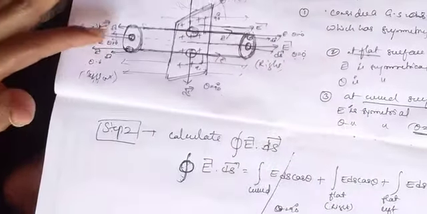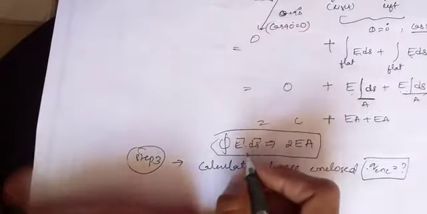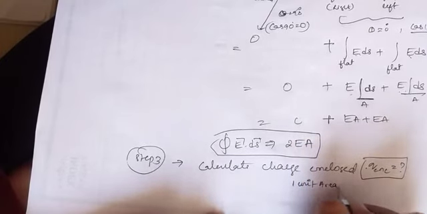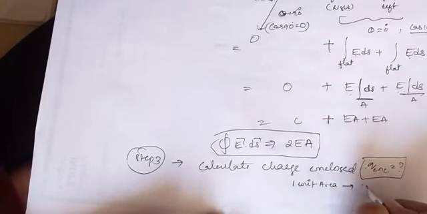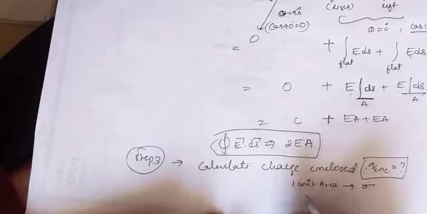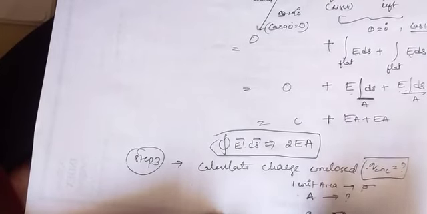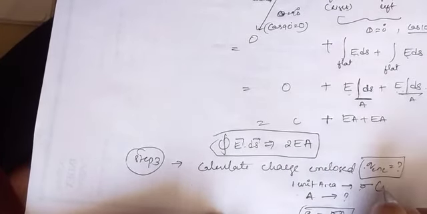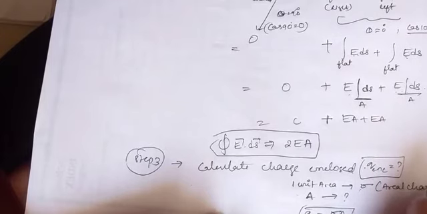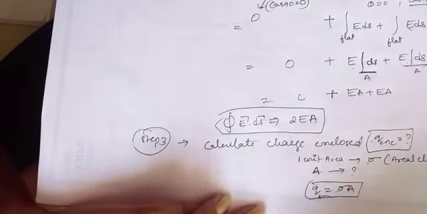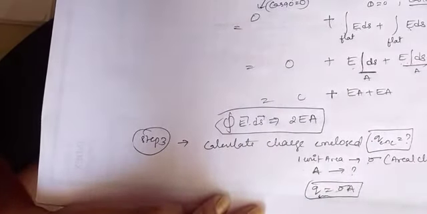That's why we have to use the areal charge density. For 1 unit area, let us consider the charge is sigma. Then for the complete area, what is the charge? Q equals sigma into A, where sigma is the areal charge density. So this is Q enclosed. Okay, now the fourth step.